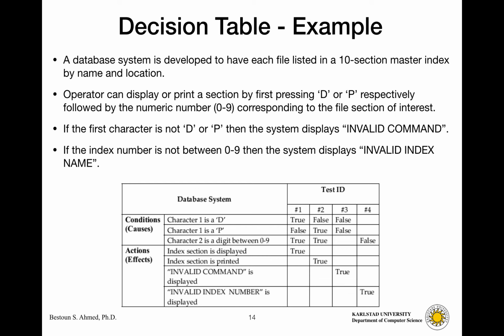It's a don't care, because if both of them are false, then whether the index value is between 0 and 9 or not, true or false, it means nothing, because neither D nor P is there, so it is an invalid command. And if the index is false, it doesn't matter whether D or P are true or false, because the index number is not valid, and then the output is invalid index number.